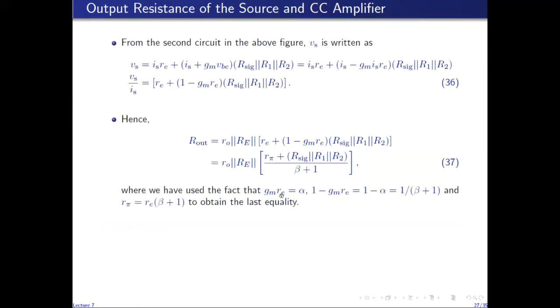So gm small re is alpha. So 1 minus alpha, this becomes alpha. And 1 minus alpha is 1 over beta plus 1. So we have beta plus 1 here in the denominator. And then we observe that from the resistance reflection rule, small re is r pi over beta plus 1. So we write this factor into this form.